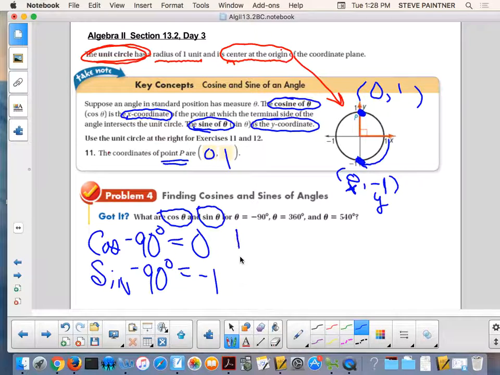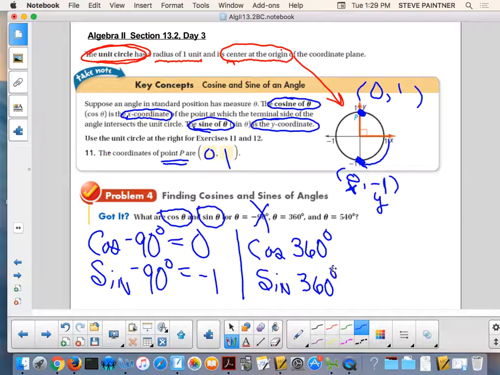Okay? Now we switch gears. Instead of doing negative 90, we do what? 360. Cosine of 360. Sine of 360. First of all, where is 360?